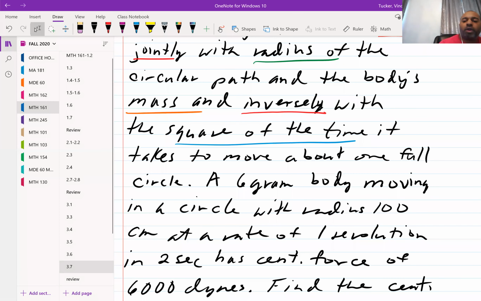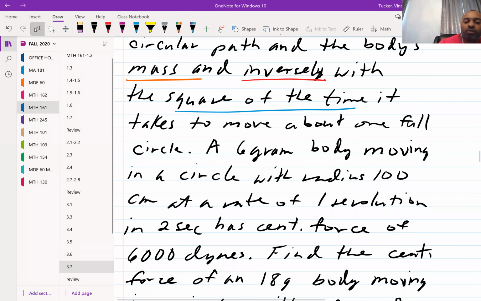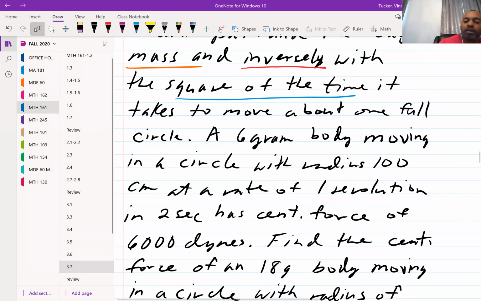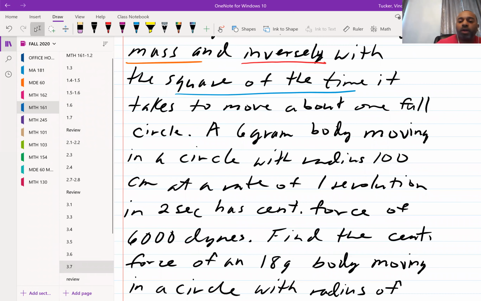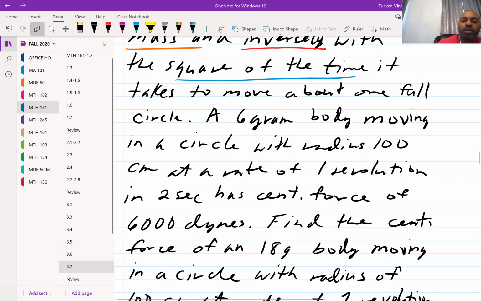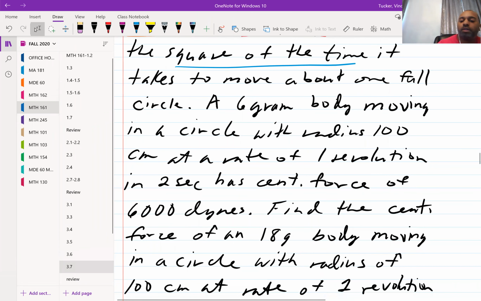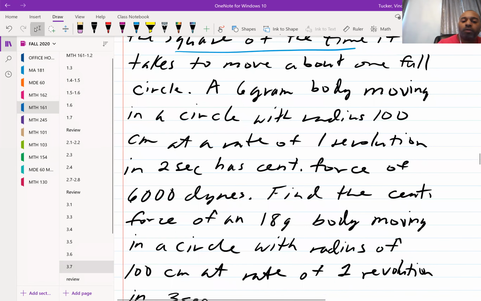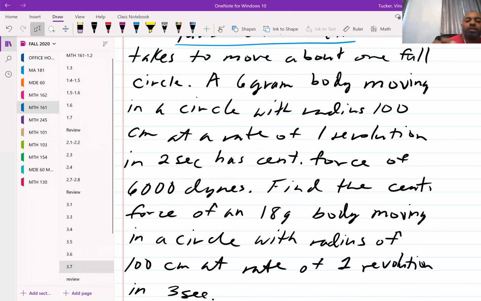All right, a 6-gram body moving in a circle with radius 100 centimeters at a rate of 1 revolution in 2 seconds has the centrifugal force of 6,000 dynes. Find the centrifugal force of an 18-gram body moving in a circle with radius of 100 centimeters at the rate of 1 revolution in 3 seconds.